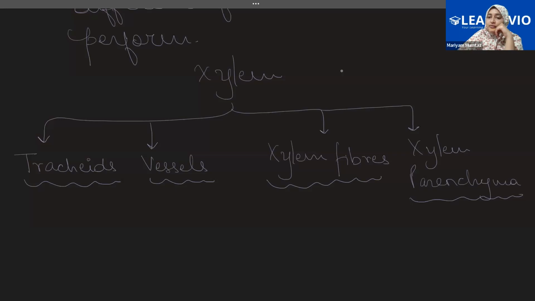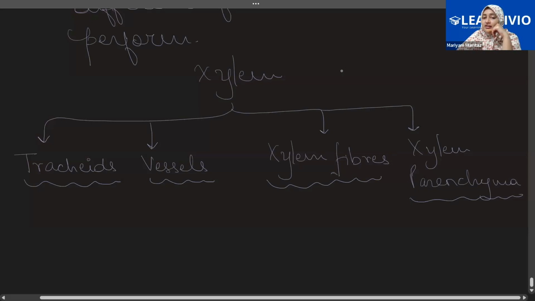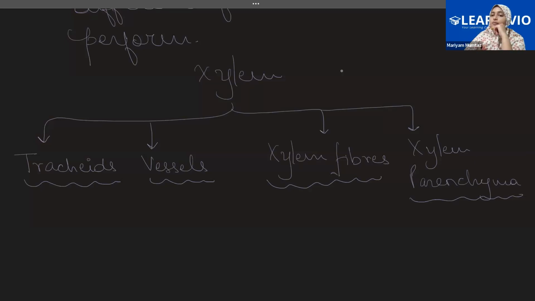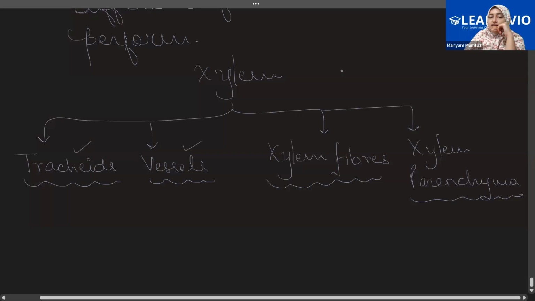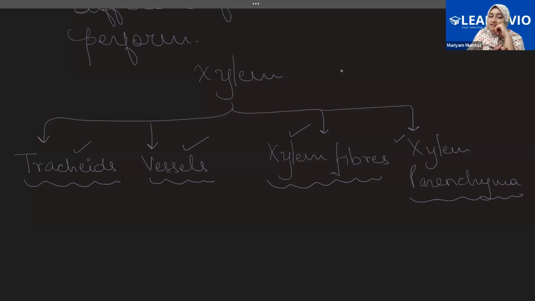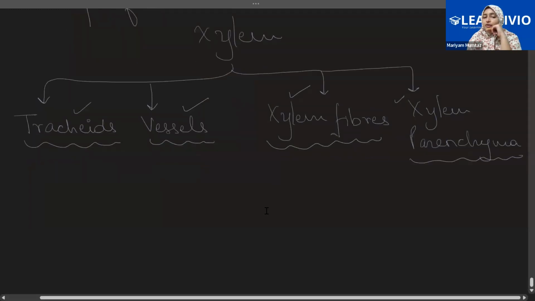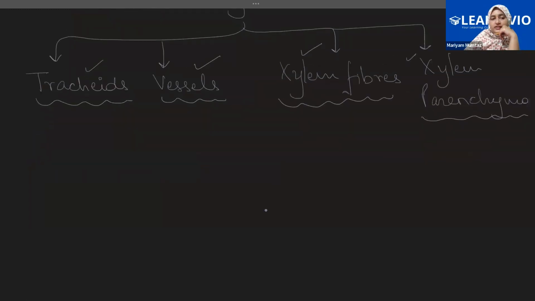And these fibers, since they are dead, fibers will always be dead and they are responsible for supporting the plant. So tracheids, vessels, xylem fibers and xylem parenchyma, each of these components has its own function to perform. But since they're primarily involved in the conduction of water, that is why we call them the xylem components. Now we're going to see the function of tracheids, the first one.